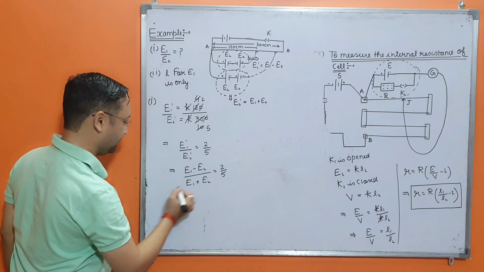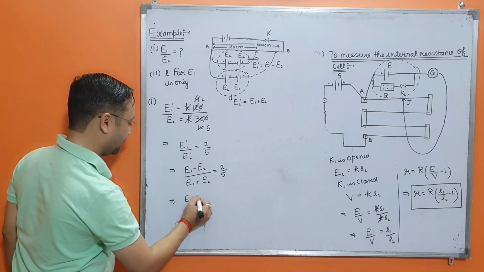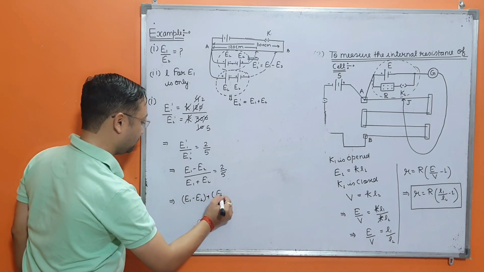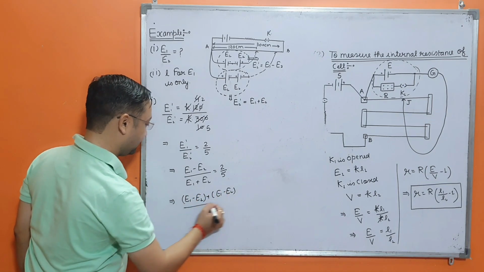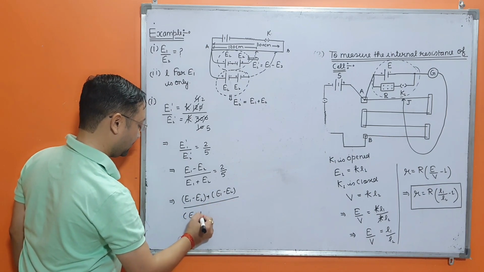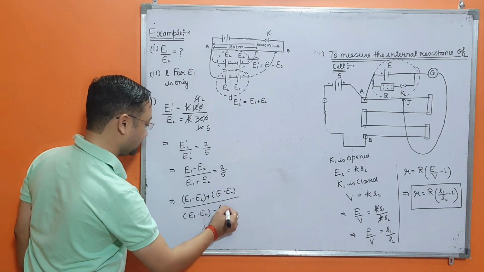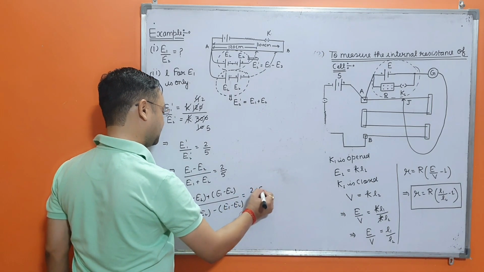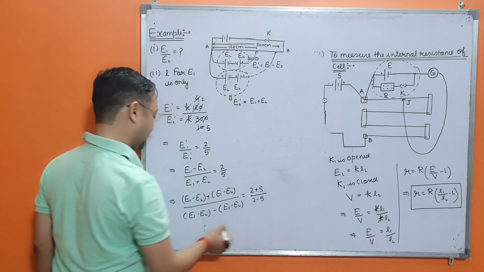Applying componendo dividendo, E1 minus E2 plus E1 plus E2 divided by E1 minus E2 minus E1 minus E2 equals 2 plus 5 divided by 2 minus 5.